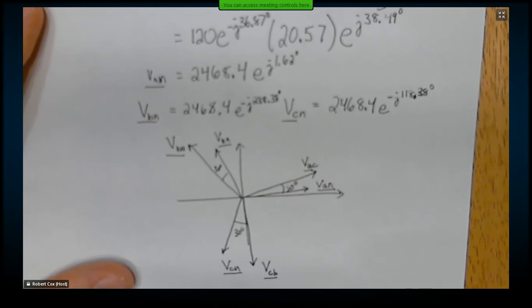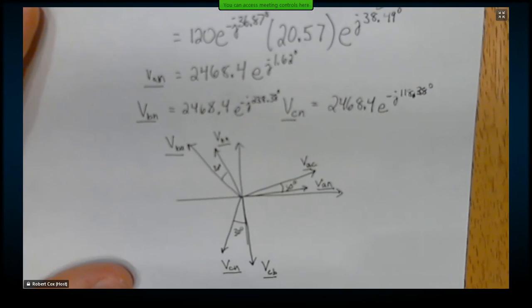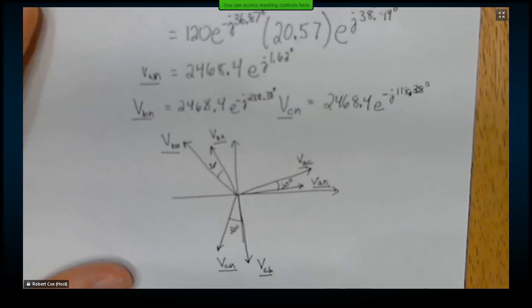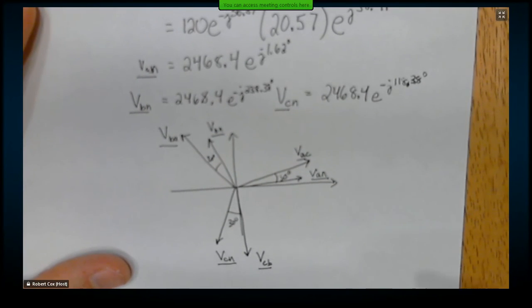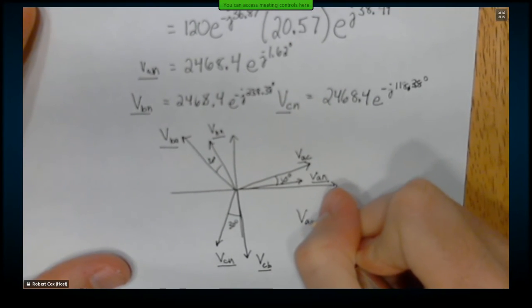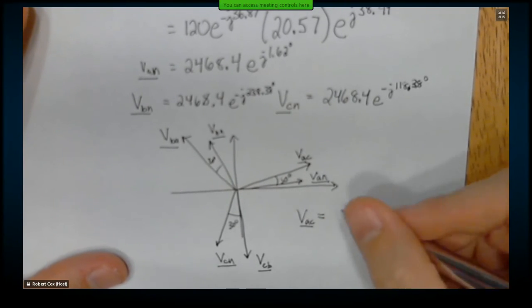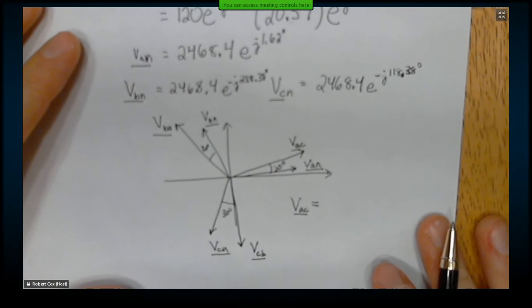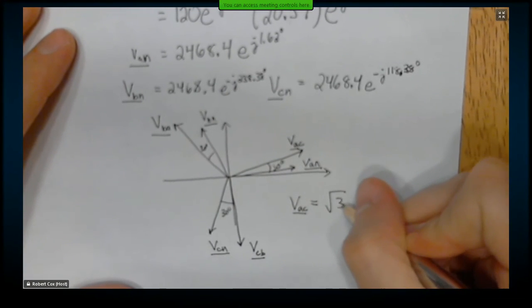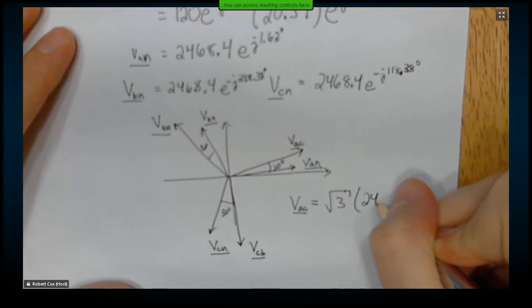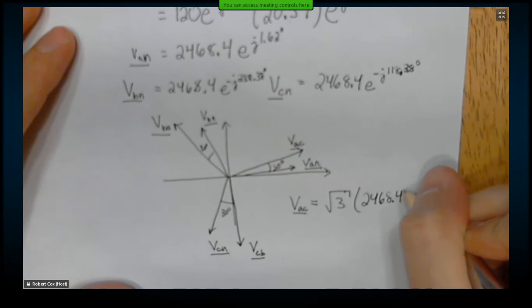Okay? All right. So what are they? Well, VAC is square root of 3 times 2468.4.